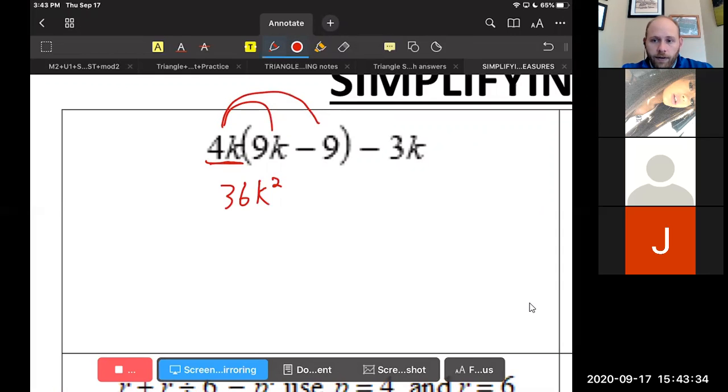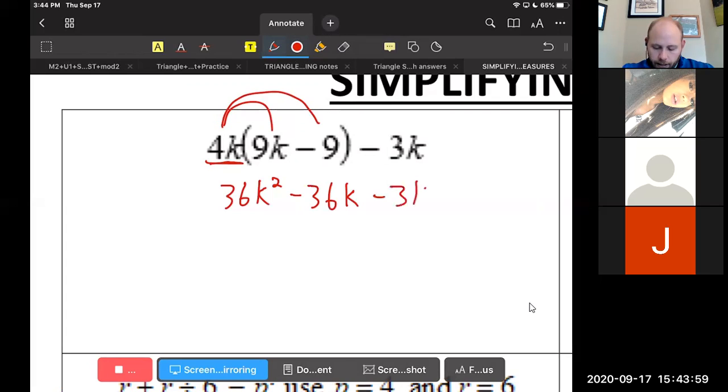If I had k to the 3rd times k to the 3rd, I would have 3 and 3, so then I have 6 total, so it'd be k to the 6th. So you just add however many you're multiplying, all right? Then 4k times -9, so then that's -36, and then since there's only 1k, it just comes along with it.